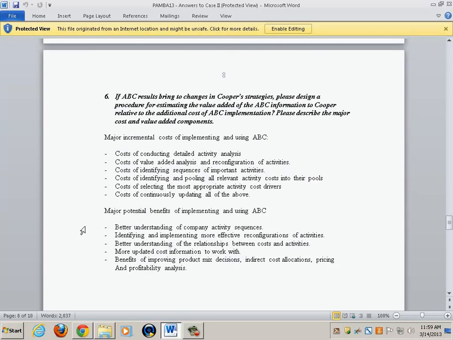First of all, the high cost of analysis.